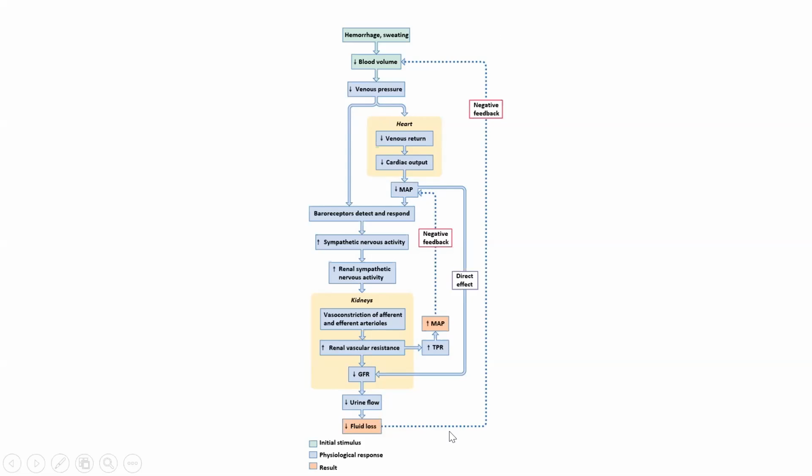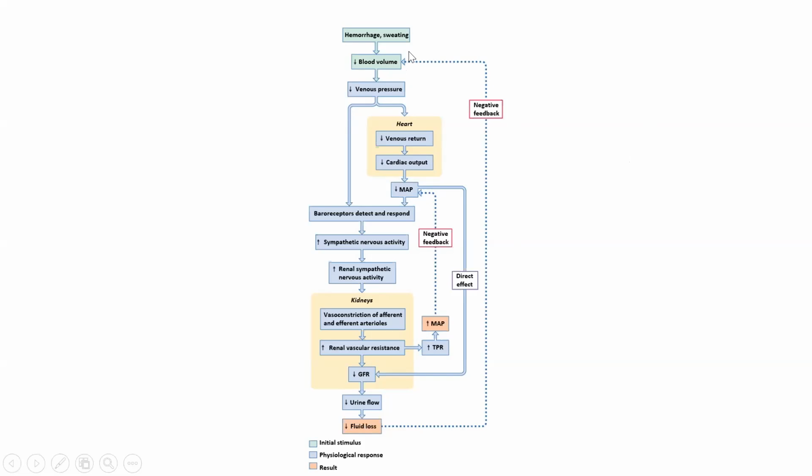And the negative feedback result is going to restore blood volume as we hold on to more fluid by losing less in the urine. We're going to hold on to some of that blood volume and potentially restore blood volume, which will turn off that negative feedback, that initial stimulus of a drop in blood volume. Okay. All right. So this is the indirect mechanism.